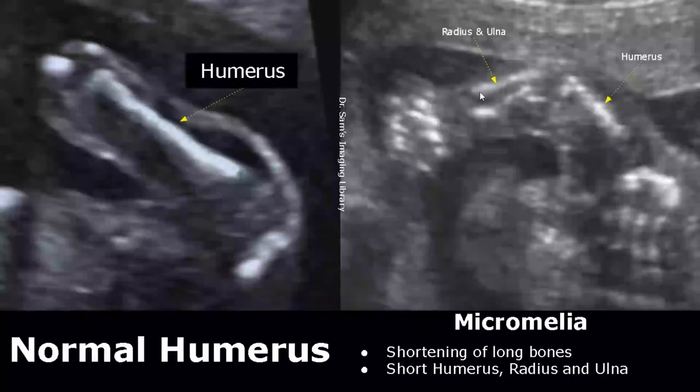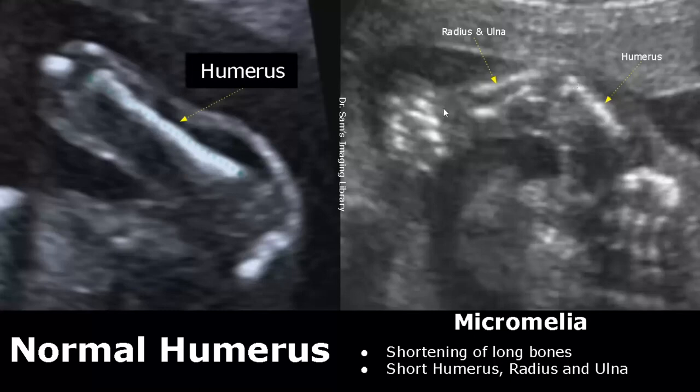Micromelia is a term that refers to shortening of long bones which are present in the limbs. In the normal image, we can see a normal, well-developed humerus, whereas in this image, we see a small humerus as well as small radius and ulna.